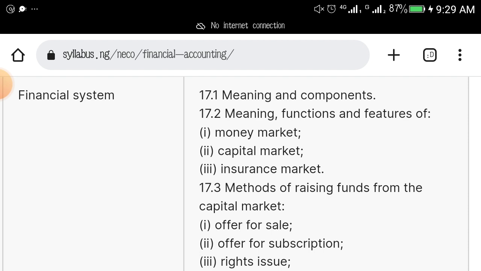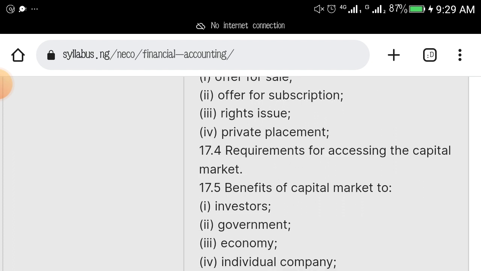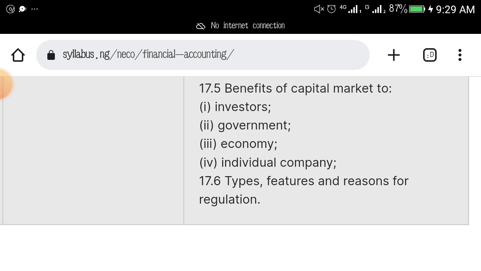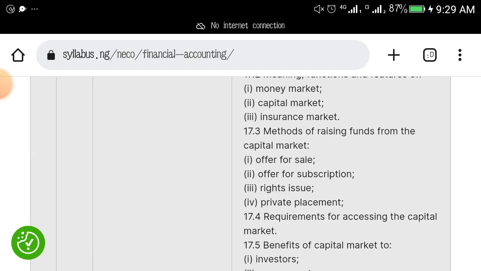Insurance market, method of raising fund from the capital, offer for sale, offer for subscription, rights issue, private placement, requirement for accessing the capital market, benefits of capital market to investor, government, economy, individual company, types, features and reasons for regulation. These are the things that will come out.